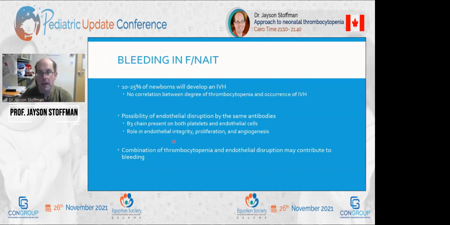The antibodies may have an impact on the platelets and the endothelial cells as well. So you have a low platelet count as well as endothelial disruption. If you have an endothelial disruption, you have loss of integrity, you have a breakdown, it can't heal. That's where the intraventricular hemorrhage comes from. So it may be a combined effect.